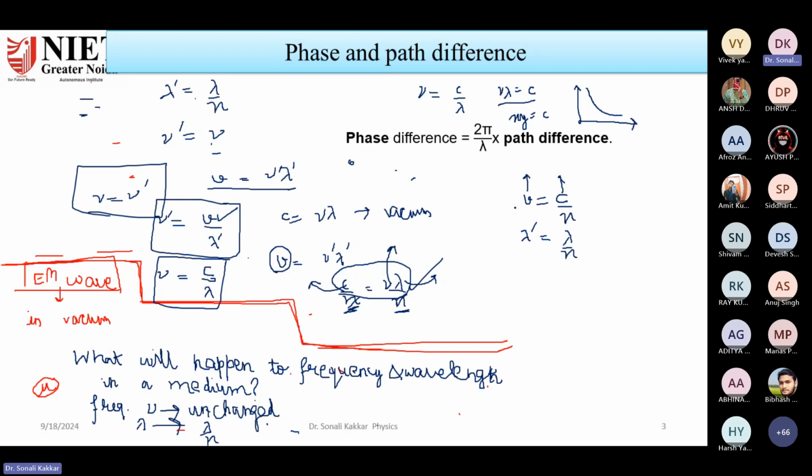But that is true for vacuum, right? When you change the medium, the graph shifts by some constant.